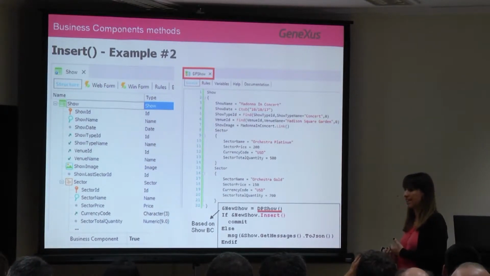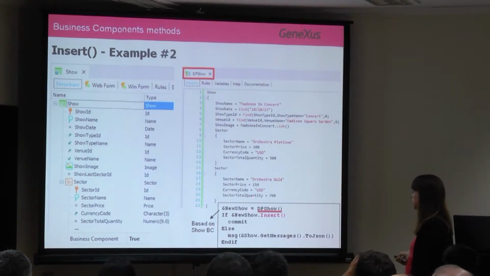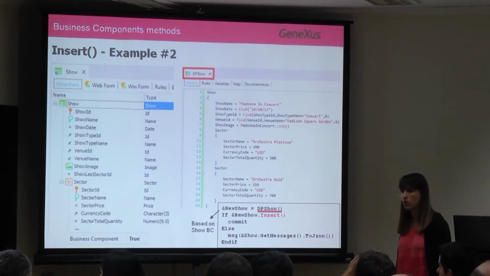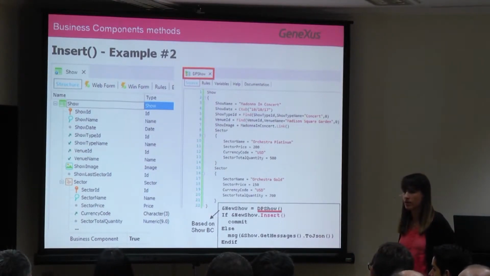Since I have dragged the Show transaction, the output property of the data provider has been completed, and what I will get from it is similar to what I have dragged. Since I dragged a business component Show, it's going to return a business component Show, which is uploaded with what I indicated.